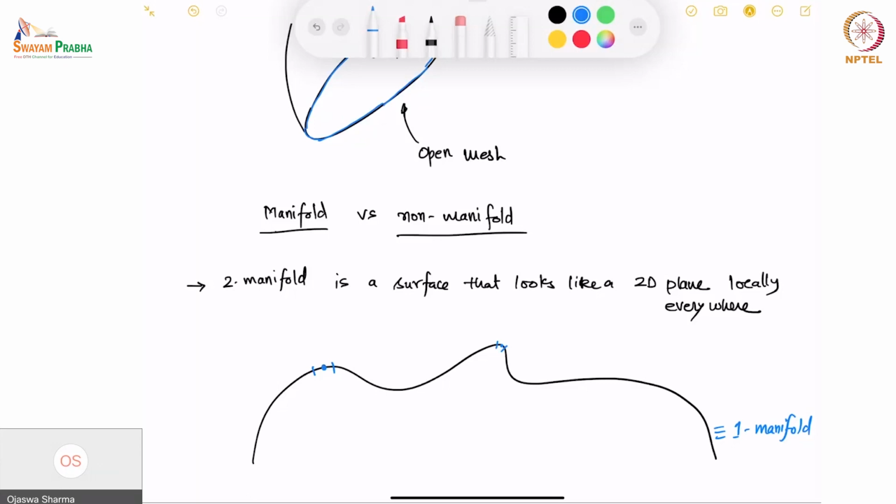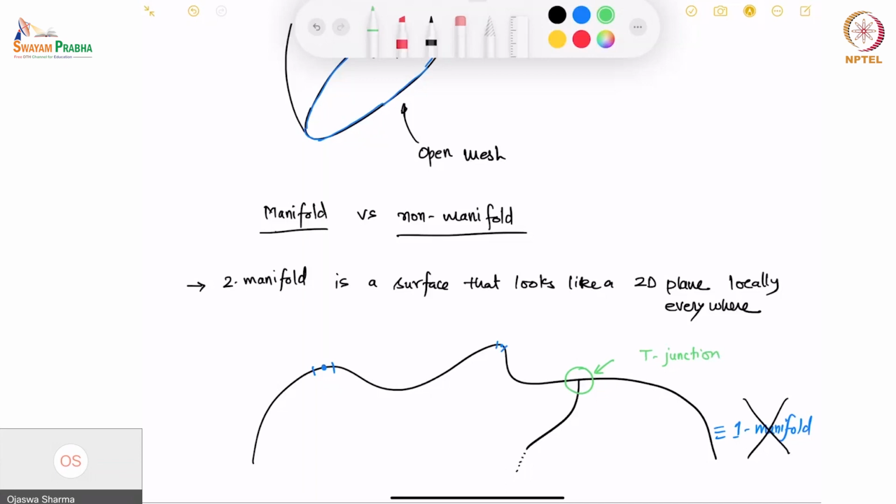Now, when would it not look like a 2D plane? I'll take this example of the one-manifold, cross it out and make it a non-manifold. If it has a structure like this, then however close you go here, you will always find a T junction. The T junction will never go away, and it is the T junction that would make it not look like a line.